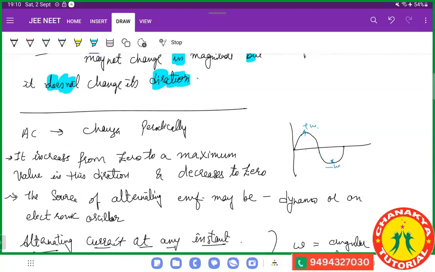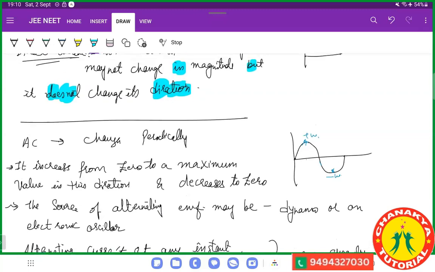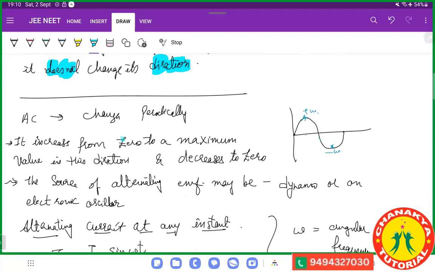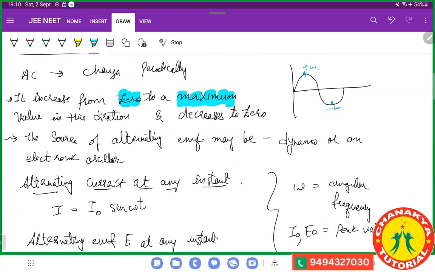Now AC changes periodically. That means it can go from 0 to maximum value. And here DC remains constant. Whatever value has been set, it will be constant throughout. So AC increases from 0 to maximum value in one direction and decreases to 0.